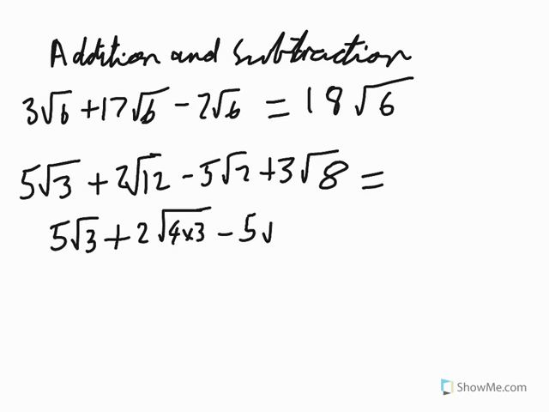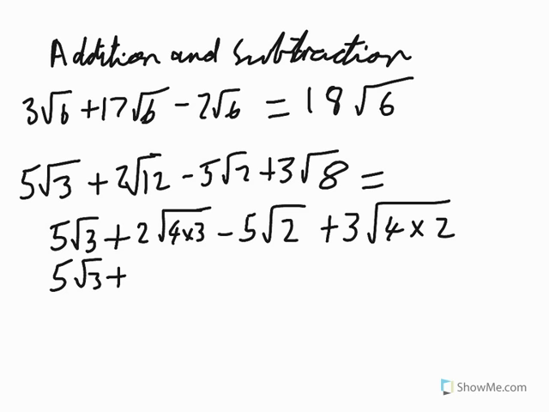We've got negative 5 root 2, that can't be simplified. And root 8 can, of course, because that's 4 times 2. So we've got 5 root 3 plus the square root of 4, which is 2, times the 3 that's already there, so that's 6 root 3.